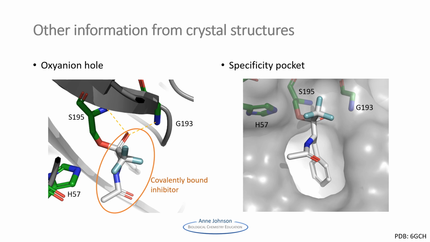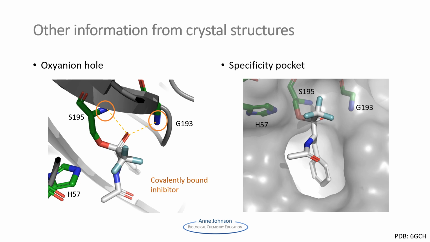The crystal structure of chymotrypsin also revealed two other pieces of information that help us understand how this enzyme works. These are more clearly seen in crystal structures with the enzyme and an inhibitor. First, there is a pocket in the active site that binds to the oxygen atom of the scissile peptide bond. This pocket is known as the oxyanion hole.